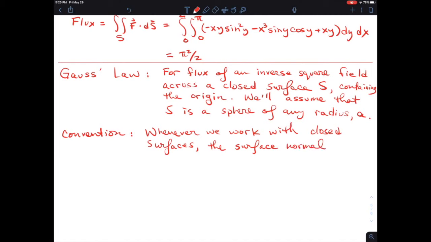So that's the dS vector, which is little n times dS. You can think of that as the unit normal pointing outward, or dS, the vector pointing outward. They'll point in the same direction, and that needs to point out of the surface and not into the surface. So let's say it should point outward.